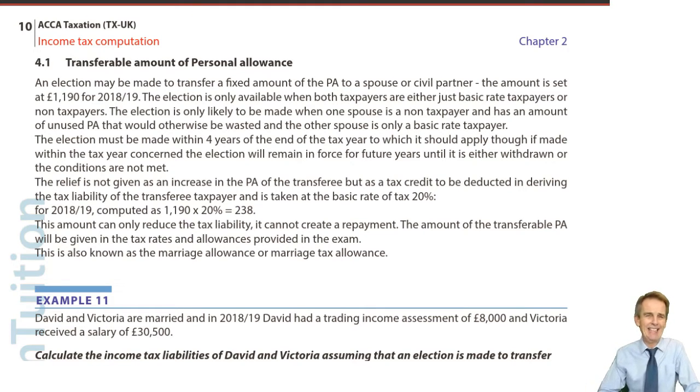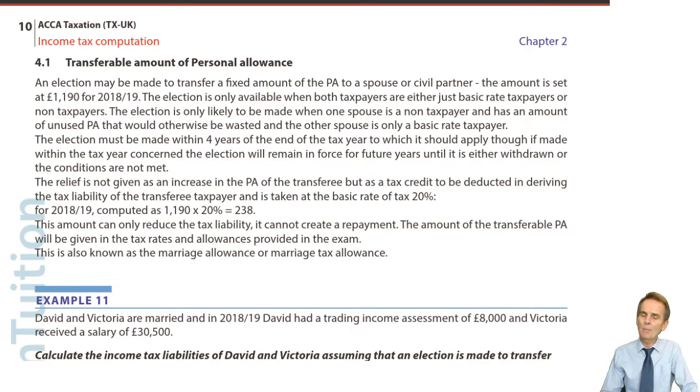It's basically set at a level of some 10% of the personal allowance, rounded up to the nearest £10, as you'll see here. But it's a figure that's going to be given to you. The transferable amount is a set figure. It's not just any unused personal allowance. And it's not any possible situation in which you can transfer it either, as we'll see in the notes. But hopefully you got the concept.